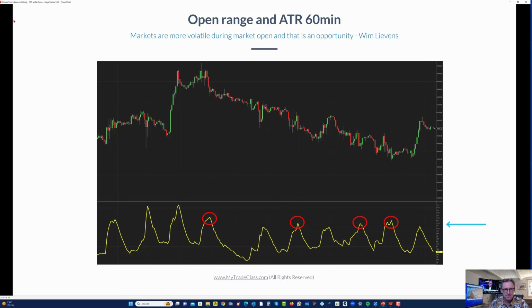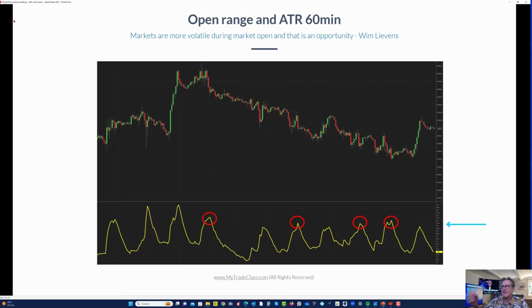So that means 12 points. You can calculate it in points, you can calculate it in ticks. I always calculate it in ticks. I take the 12 points, I multiply that by 4, because I have 4 ticks in 1 point. That's 48, give or take 50. And then I take 5% of that, which I'll take a little bit upwards, which will be 3 ticks.